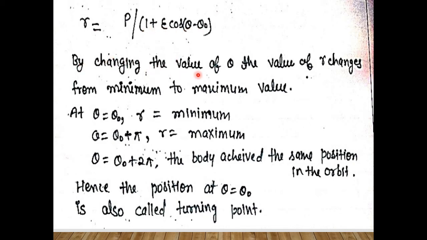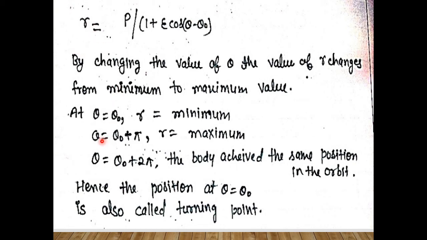Now by changing the value of theta, the value of r changes from minimum to maximum value. How will it change? If we put theta equals theta 0, then this will be cos 0 and cos 0 will be 1. So r will be minimum because cos is maximum, equal to 1, and this is in the denominator. If this denominator is maximum, r will be minimum.